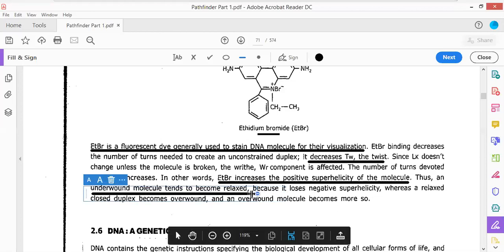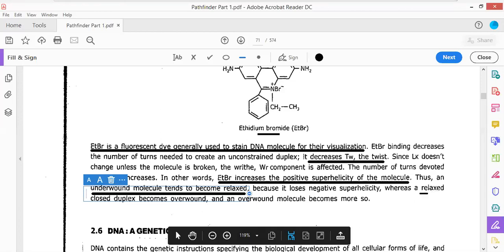This means the molecule is negatively supercoiled, and you add ETBR into it, it becomes relaxed. Why? Because it is minimizing negative supercoiling, it is making the molecule move towards positive supercoiling. But the DNA will stop its movement once it gets relaxed, because it loses negative supercoiling.